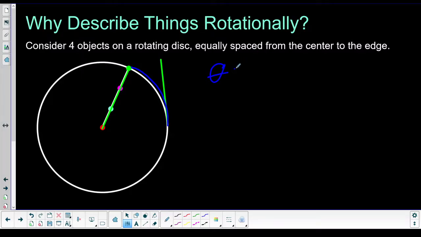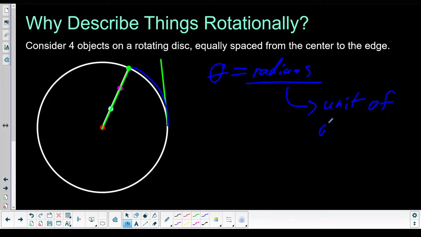We are going to measure things in radians, and a radian is our unit of distance for rotation. Okay. Let's just familiarize you with some of the important things about radians really quick. 360 degrees is 2 pi.